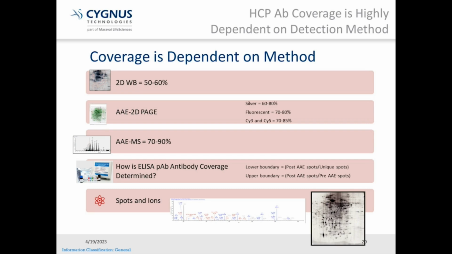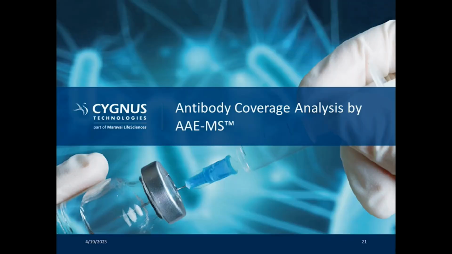The upper boundary is calculated by the post-AE spots divided by the pre-AE spots. This is a more direct coverage calculation. As you can see, the difference between gel and mass spectrometry-based detection is that we're detecting visual spots that are a qualitative representation of proteins versus mass spectra, which represent quantitative ions.